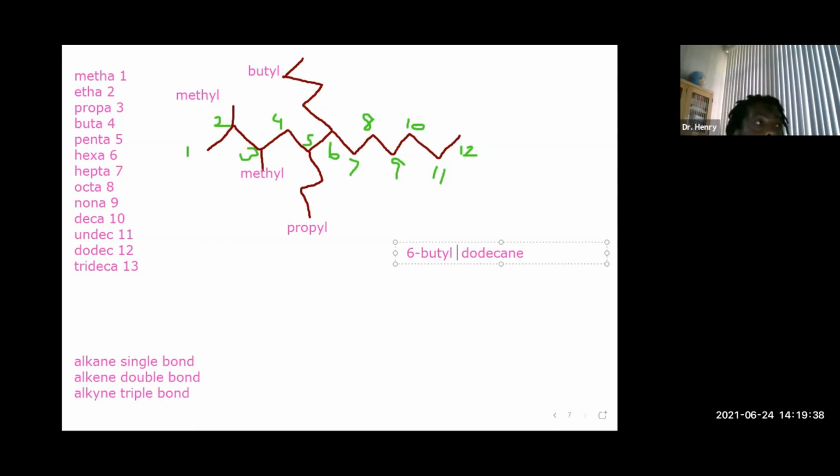Then is M lower than P in the alphabet? Okay, so then we put, but there's 2 of them, right?